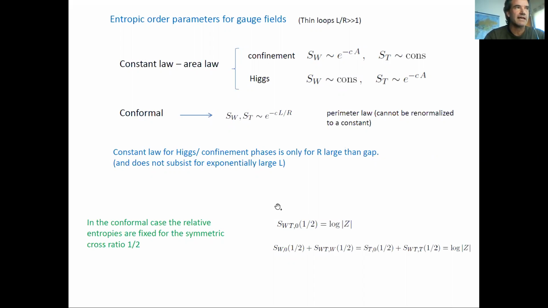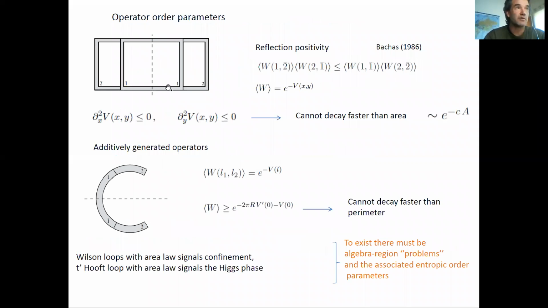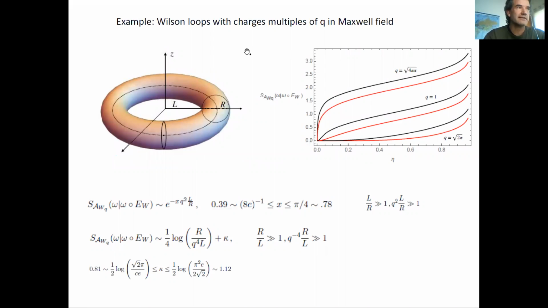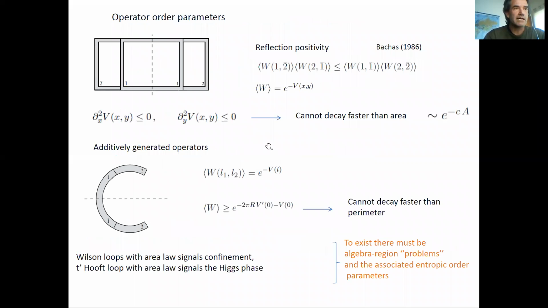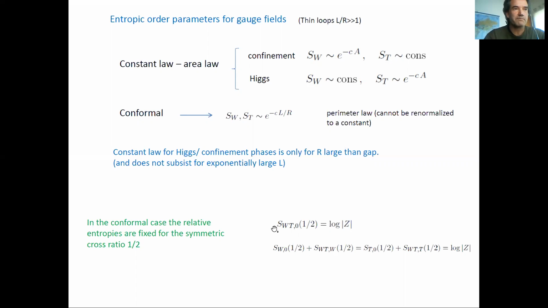You can describe these rings in the conformal case by some cross ratio, and the outside part is conformally equivalent to a ring with a different conformal cross ratio. But there is a point where these two complementary rings have the same cross ratio. In this case, you can exactly fix the value of this relative entropy to be the logarithm of the size of the center of the group.